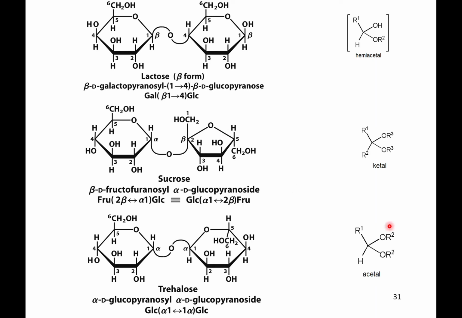These other two sugars are non-reducing. For sucrose, if we're looking at the beta 2 carbon, what's that attached to? It's attached to OR, another OR group, and two R groups. So 2 R groups and 2 OR groups.